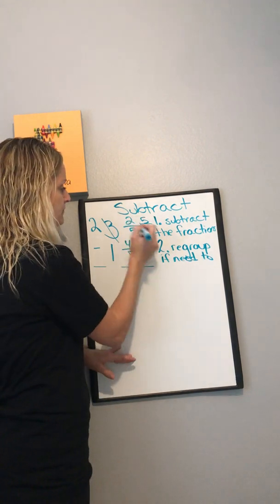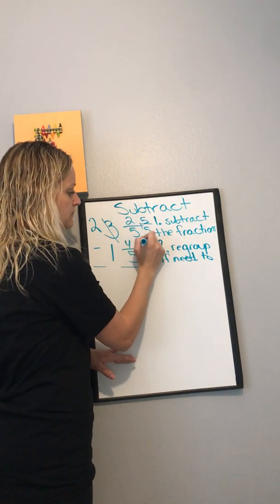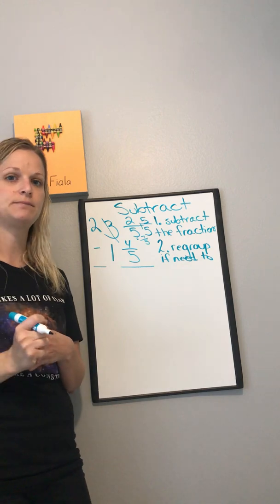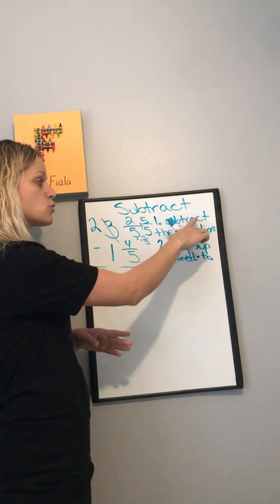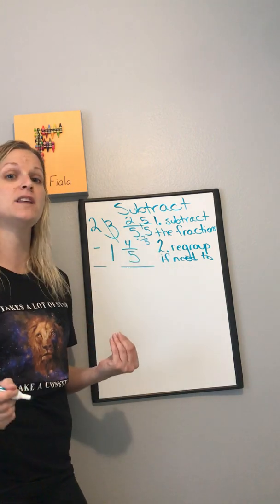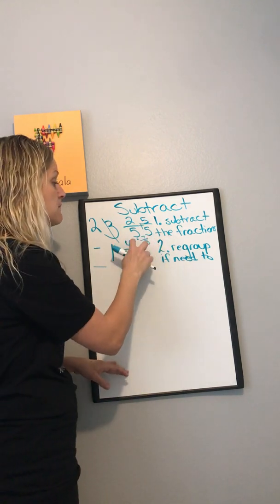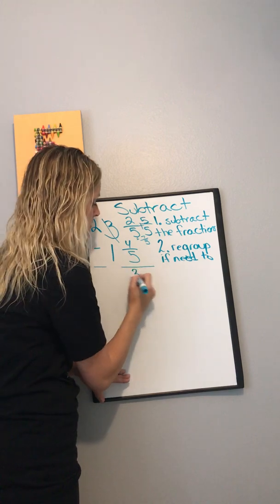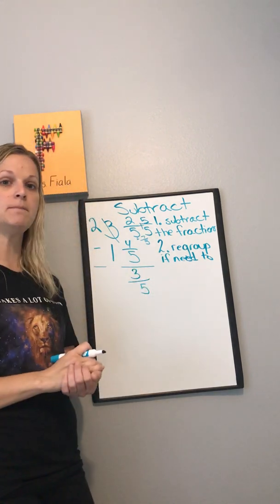Now I have, and I'm just going to put it down here, 7/5. Now can I subtract my fractions? Can I do 7/5 minus 4/5? I can. 7 minus 4 is 3/5. Okay?